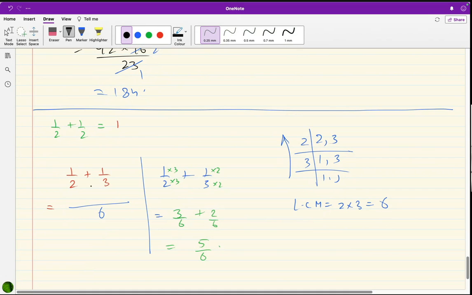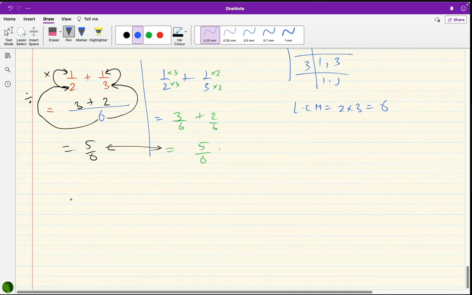I just wrote the LCM of 2 and 3, which is 6. 6 divided by 2 is 3, 3 into 1 is 3. First we divide, then we multiply. 6 divided by 3 is 2, 2 into 1 is 2. So I get 5 by 6. We get the same answer.